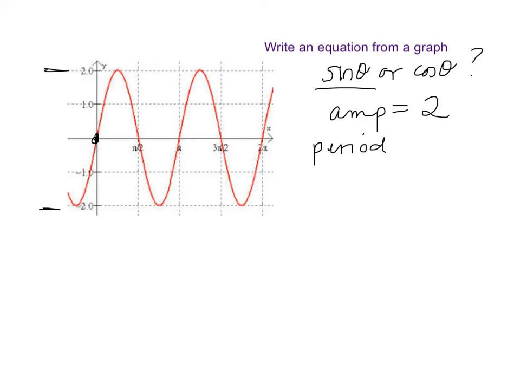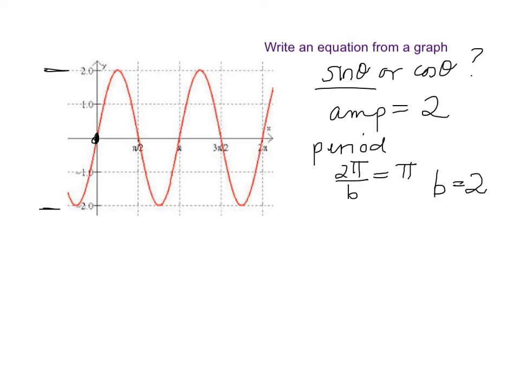The next thing I want to check is my period. How far does it take to make an entire graph? I'm going to start here at 0, goes up, back to 0, down, back to 0. This is one period right here. And so it finishes an entire period in pi. So that means that 2 pi over b is going to equal pi. So that means that b is going to equal 2.